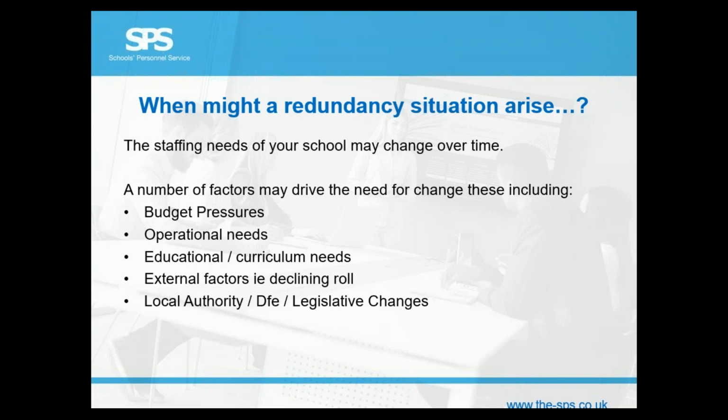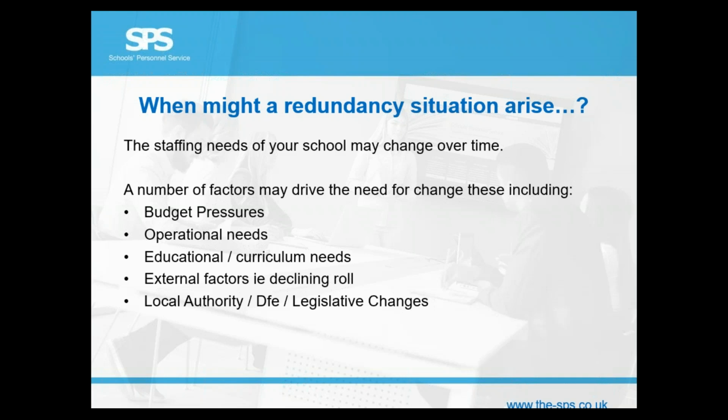So obviously schools aren't immune to external factors, increasing or declining role perhaps being the one that we see most commonly, bearing in mind that if you're a small school and your role declines even by 1 or 2 students, that can have a significant financial impact, which in turn will have an impact on your ability to maintain current staffing levels.